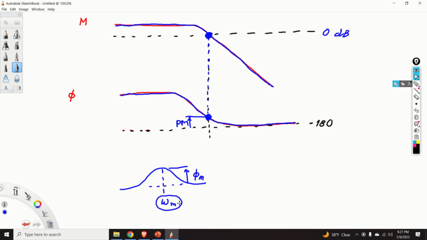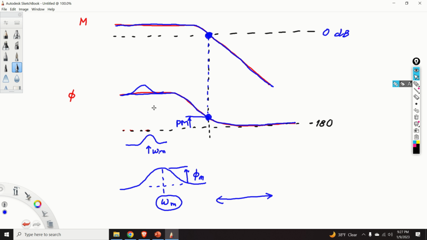That is, by moving this frequency left and right, we can apply the phase lead compensator at any point. For example, if we apply the phase lead compensator over here, that is, if omega m is over here, then we will achieve this thing.